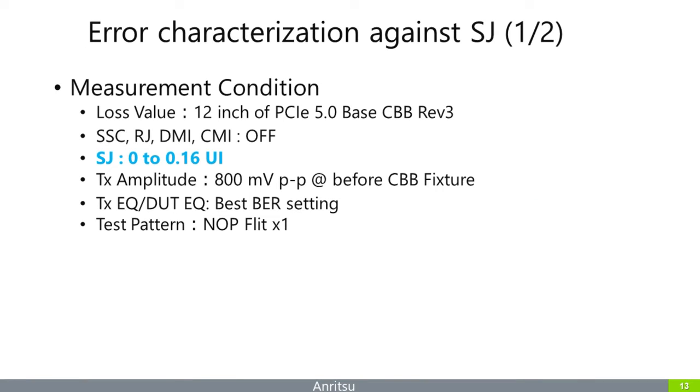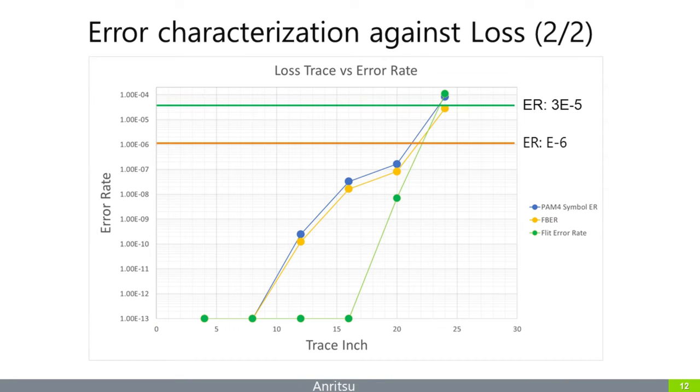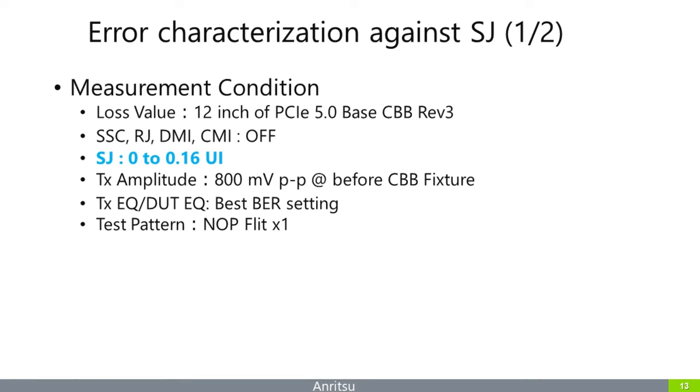Then next measurement is the SJ or jitter tolerance. So use 12-inch of PCIe Gen 5 again. So 12-inch means here the FBER is almost E minus 10, 12-inch. Then RJ, DMI, CMI, SSC is off, but SJ is a knob to see the FBER and uncorrectable flit errors.